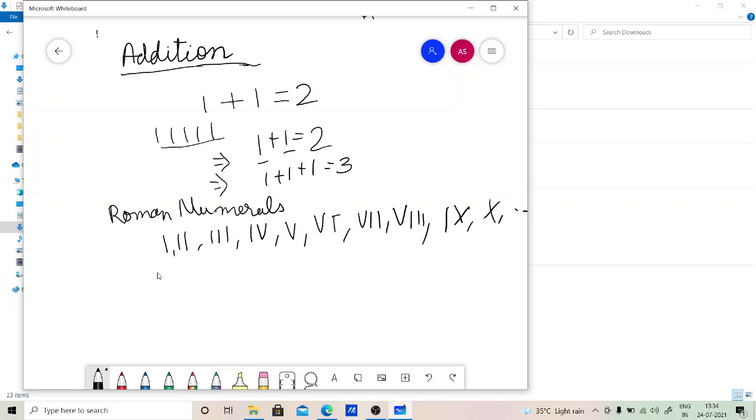So when you see this kind of a number series, you actually understand that this number system must have been used primitively, because all you have here is a lot of straight marks and some curves, and that just goes on. But it is not that much developed.